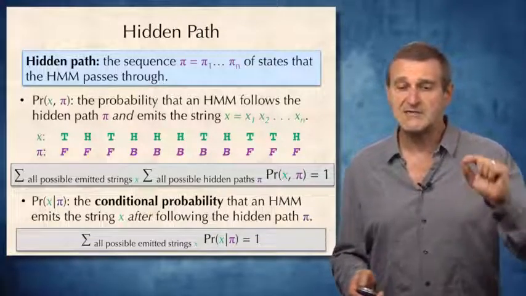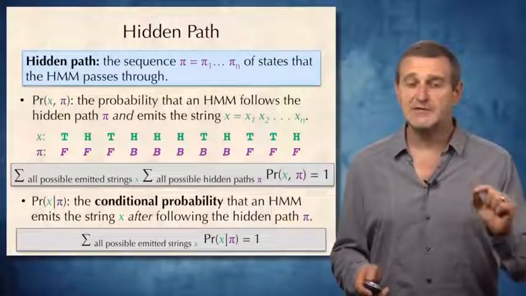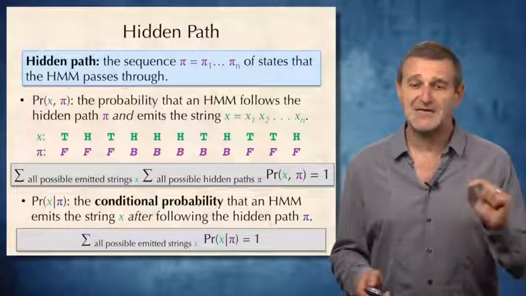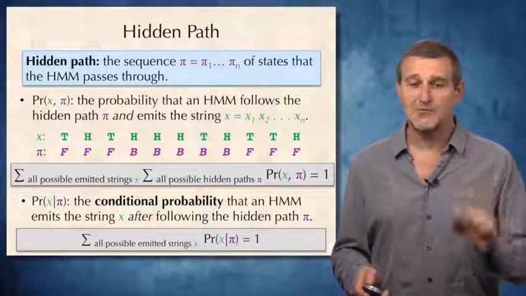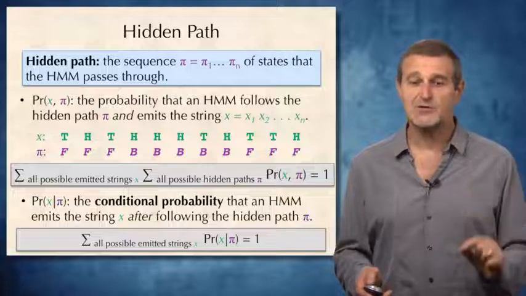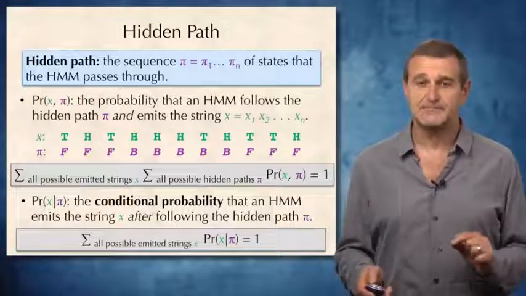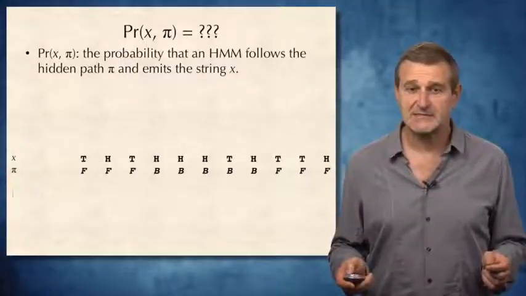Please notice the difference between these two sums. The sum on the top has 2 to the power n multiplied by 2 to the power n summands, while the sum on the bottom has 2 to the power n summands corresponding to all possible emitted strings x. We are now ready to compute the probability that an HMM follows the hidden path pi and emits the string x.